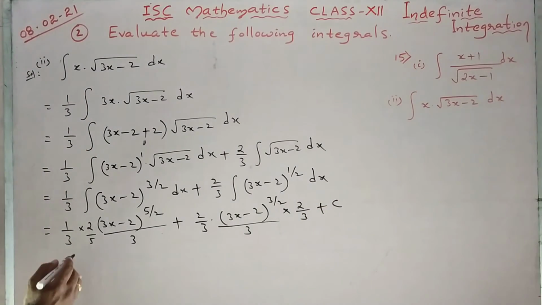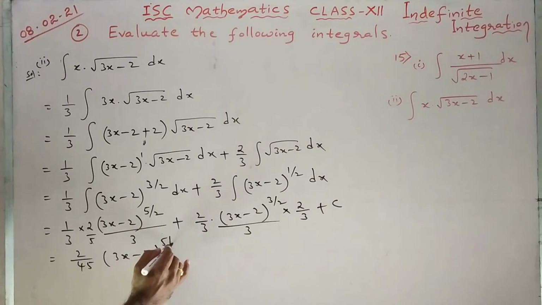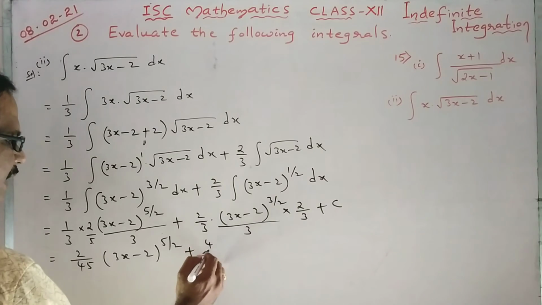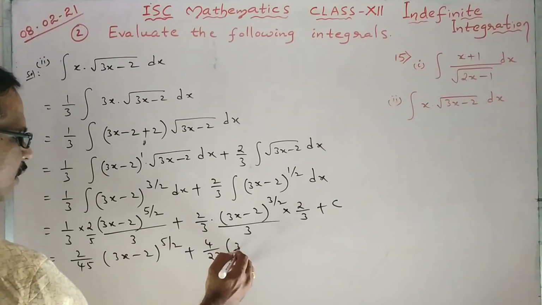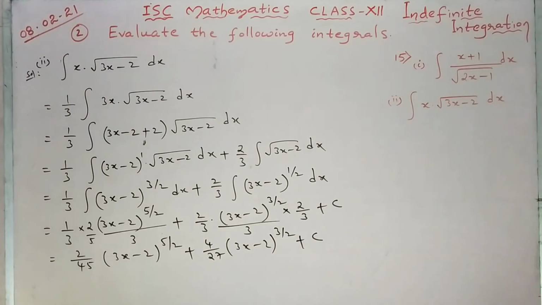Right? Now 2 by 3, 3's are 9, 9 5's are 45, (3x minus 2) whole power 5 by 2, plus 2 2's are 4, 3 3's are 9, 9 3's are 27, (3x minus 2) whole power 3 by 2 plus c. So that is the end of solution.